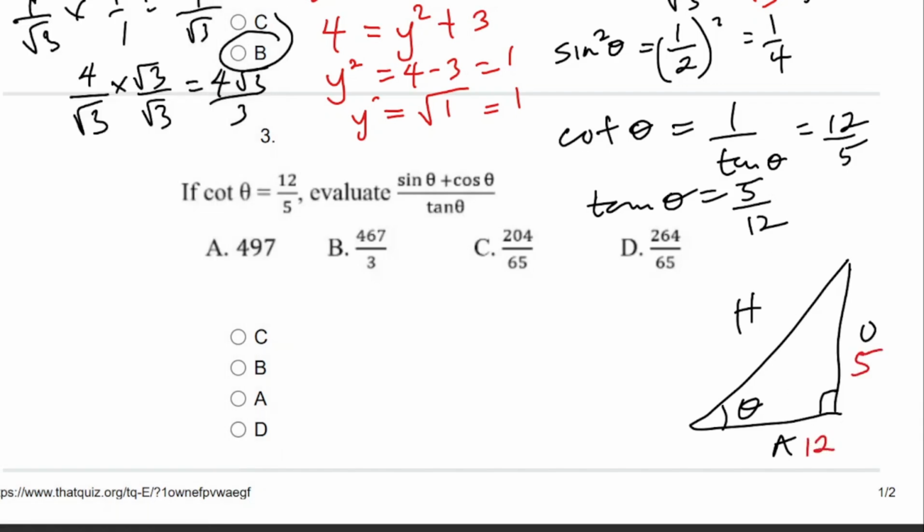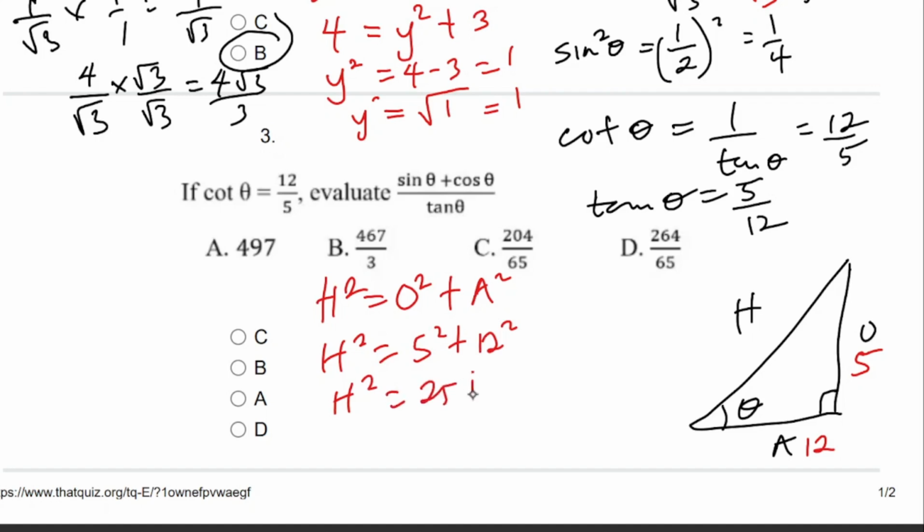So it remains the hypotenuse. We make use of Pythagoras rule again. That is h squared equals opposite squared plus adjacent squared. So we have 5 squared plus 12 squared. That is h squared equals 25 plus 144, which gives us 169.